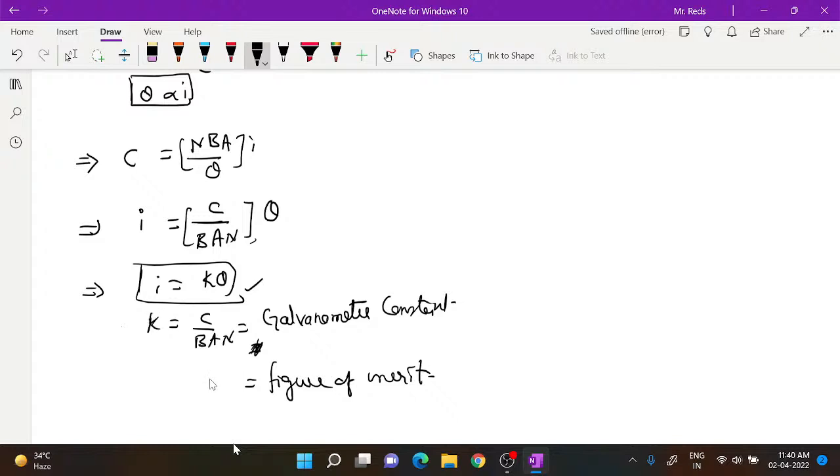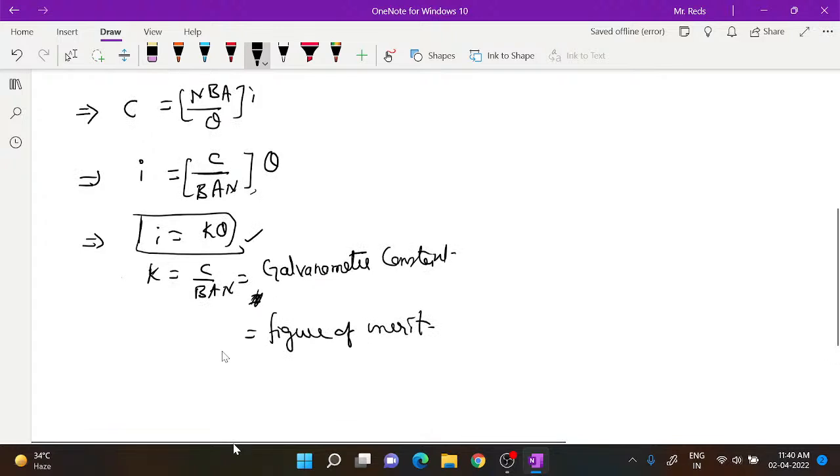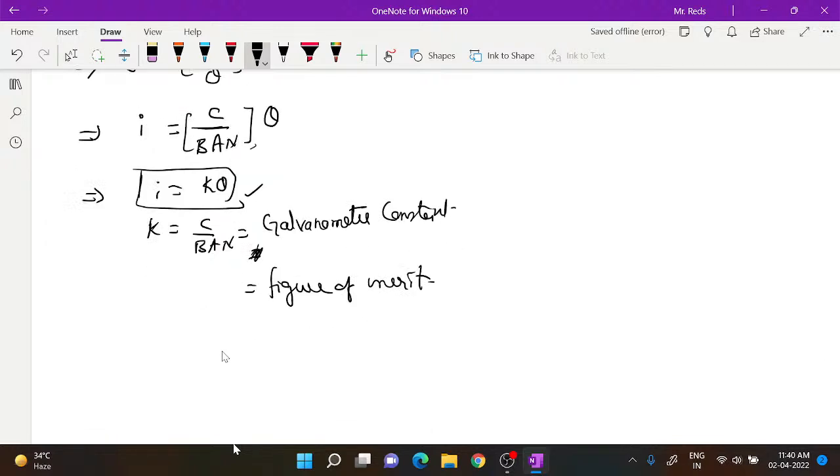Here we come across a few terminologies like current sensitivity, voltage sensitivity, etc. We will see them one by one briefly. What is the current sensitivity of a moving coil galvanometer?